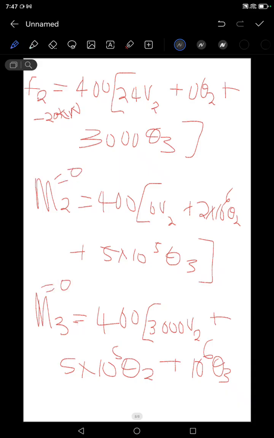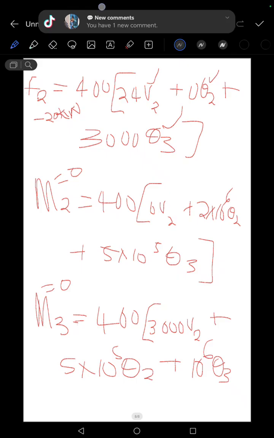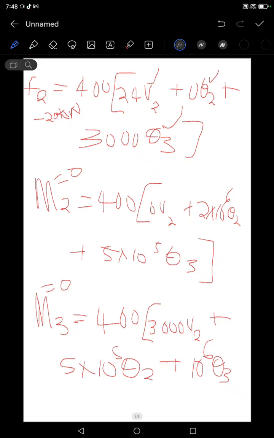Now we can use simultaneous equations and solve for V2, theta 2, and theta 3. We're looking for that. We'll not be done yet: after calculating V2, theta 2, and theta 3, we're going to come back and calculate the forces.